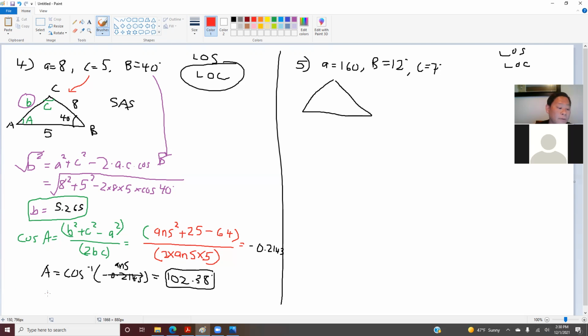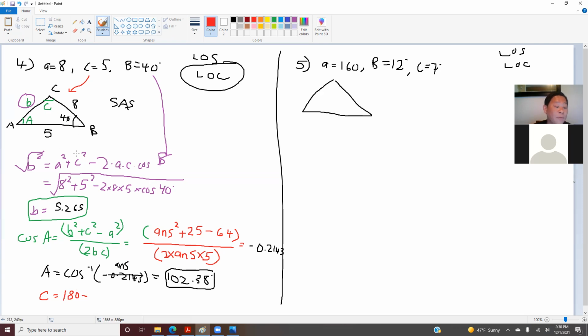Lastly, in order for us to find angle C, you can still use law of cosine. But as you know, the sum of all 3 angles of a triangle should be 180. So in order to find angle C, you just subtract those 2 angles from 180.